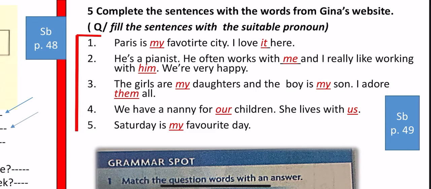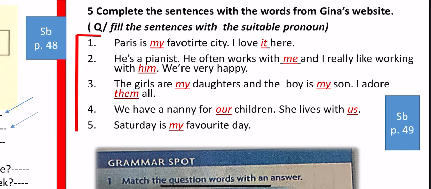The girls are my daughters, and the boy is my son. I adore them all. Here we use them because it refers to her daughters and son. Here we use my daughters because the girls is the subject, are verb, my daughters, here my plus daughters acts as object.